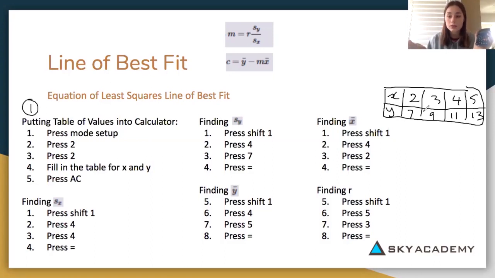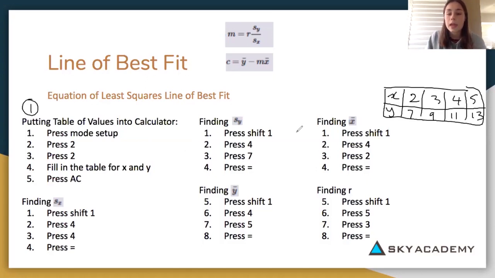Otherwise, it will change your values. So once you do that, you press AC, and you should end up with a little 0 down the bottom, because that demonstrates that we are now in stat mode, and any answers that we get will be according to the table of values that we just put in.